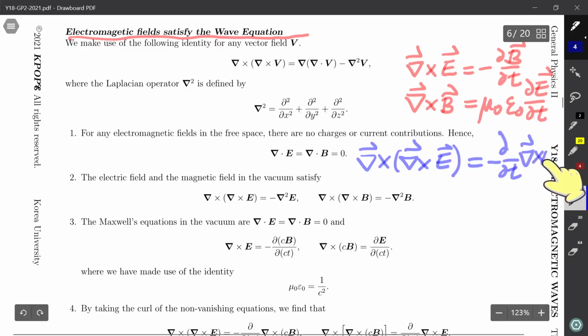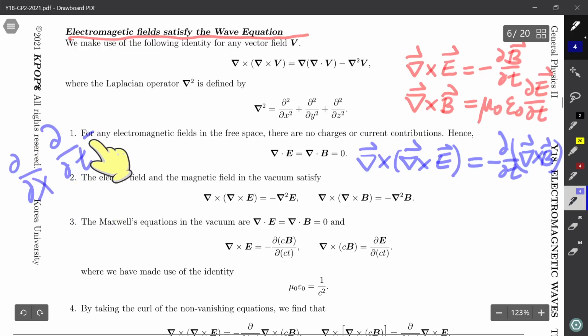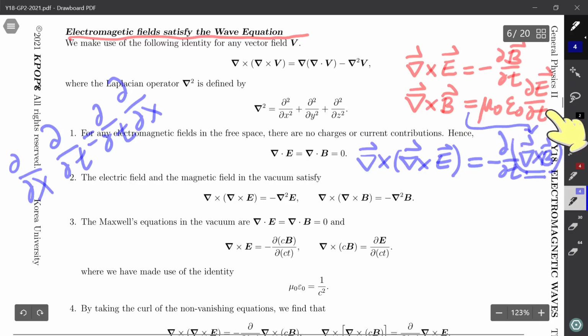Derivative can be made in this way because the x derivative, time derivative, they commute. Then we can apply Maxwell's law on the right side. Then we have double time derivative of electric field.